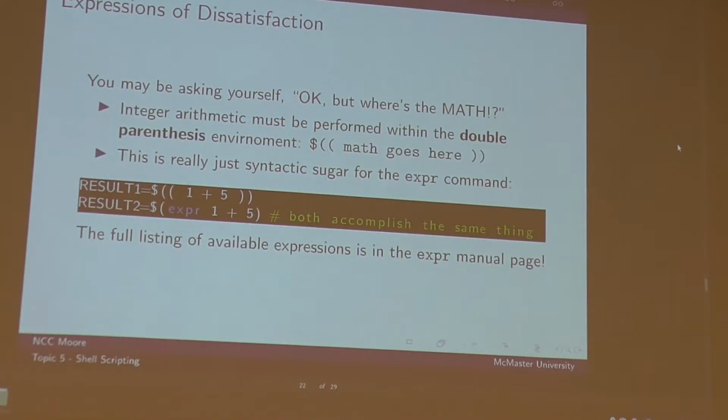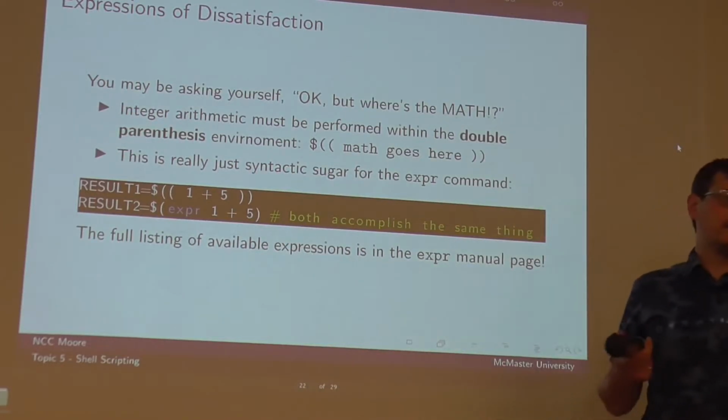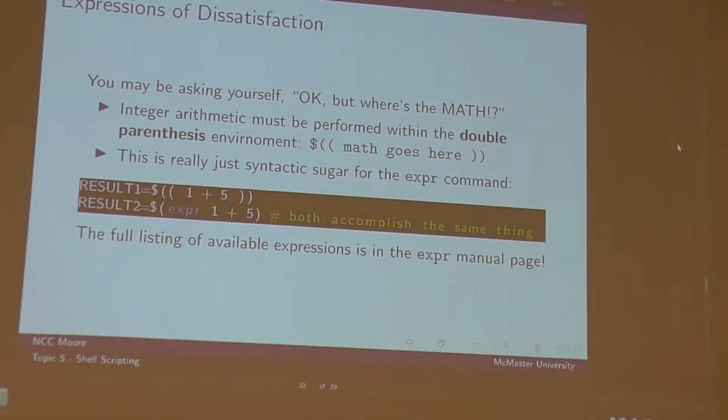So, you may be asking yourself, okay, sure, but what about math? I am a computer scientist, gosh darn it. I want to be able to perform arithmetic. Well, it turns out there's a command for that.